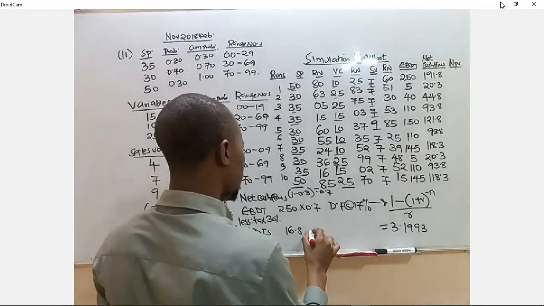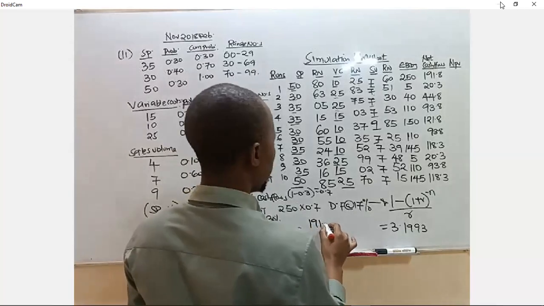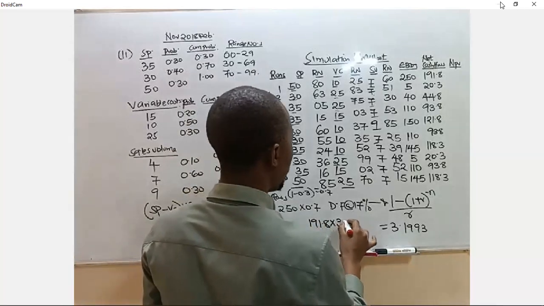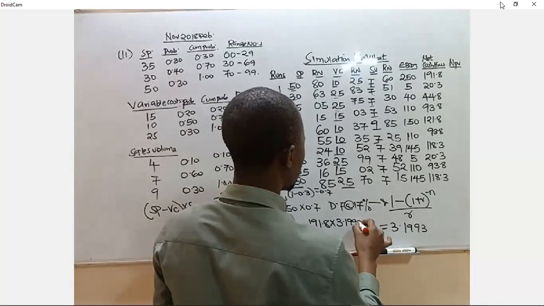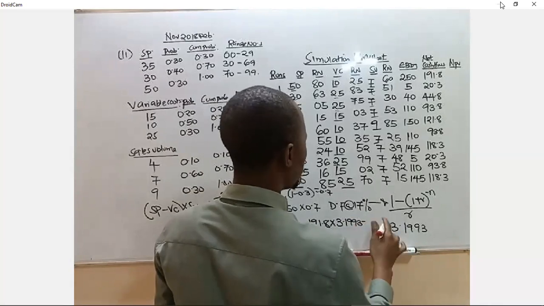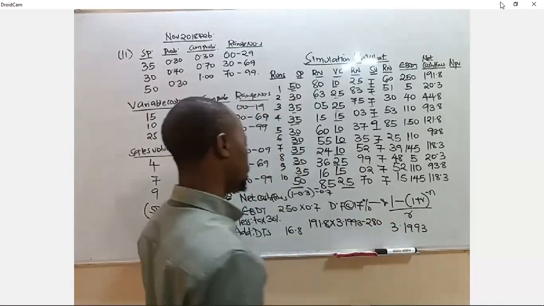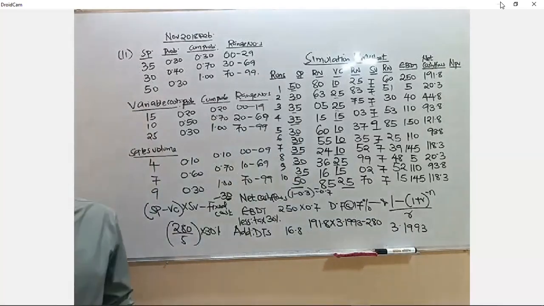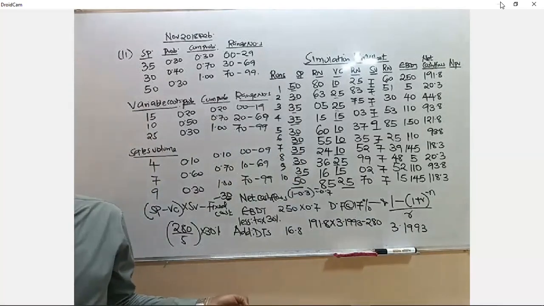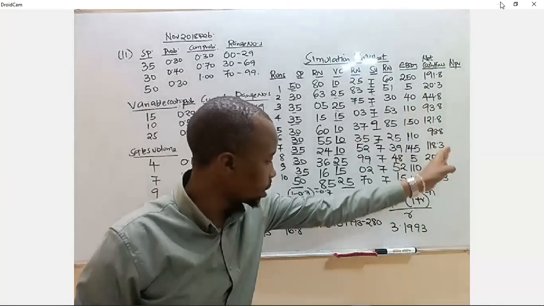So let me show how I am supposed to be calculating the NPV for the first one. I'm supposed to be taking 191.8 times 3.1993 minus my initial outlay, which we said is 280. So here I don't do many things. I just take my net cash flows and keep editing.